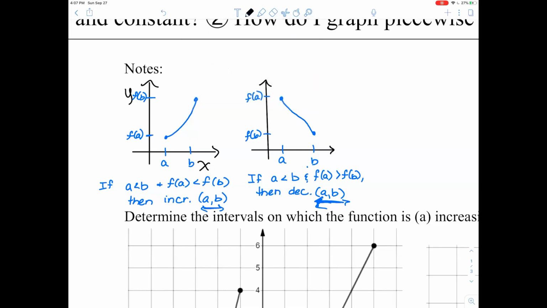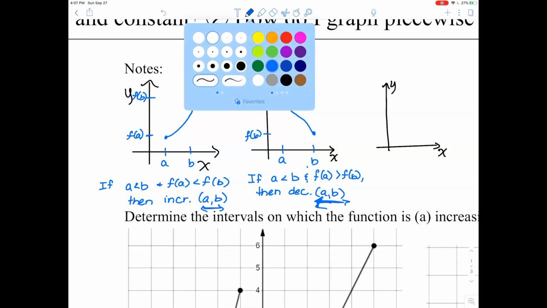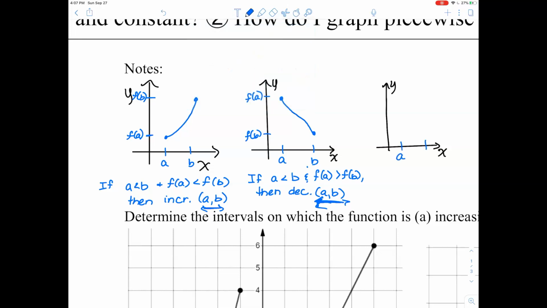Now let's look at a constant. All right, so let's say here we have an x and a y. Those are our x and our y. Should always remember to do that. All right, and I put A here and B here. So we'll say this: if A is less than B, left of B, and the function is constant, here's the point.